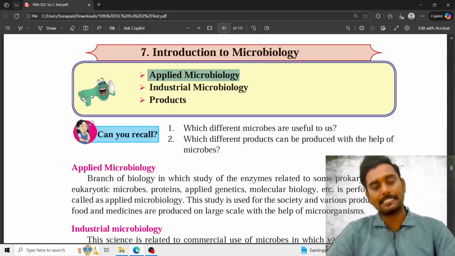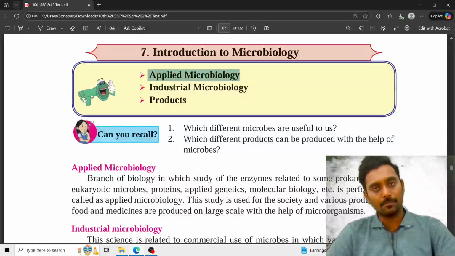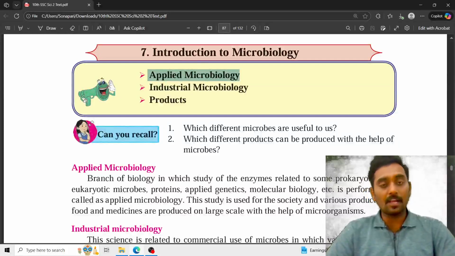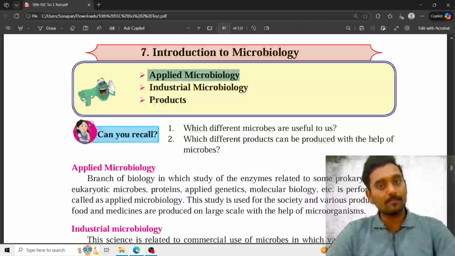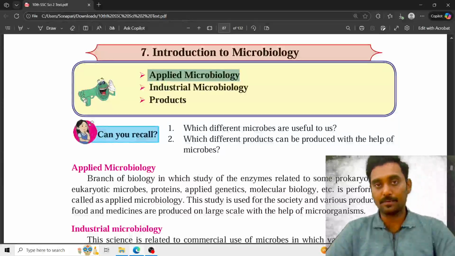For example, let's take the example of curd. If I want to make curd and it should be produced on a large scale, like curd made in a dairy industry in huge quantity, then using applied microbiology I use microbes like lactobacilli.